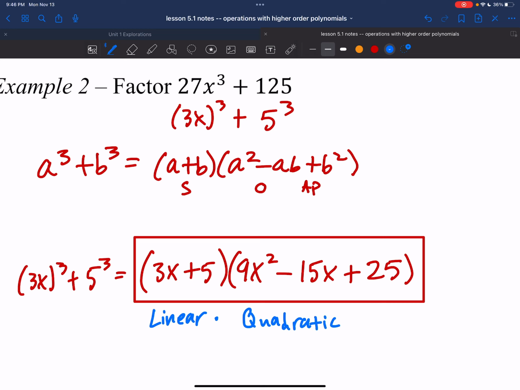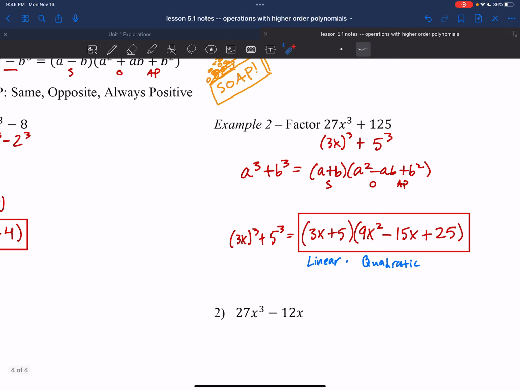And that quadratic can never be factored further. Never. Because this pattern right here, a squared minus ab plus b squared, it doesn't factor. That is as factored as it possibly can be, so you really don't need to look at factoring this. Meaning, you don't need to do 9 times 25 and then figure out what two numbers add to get negative 15. It doesn't happen. Just trust me on it. You could try it no matter what. It never happens.